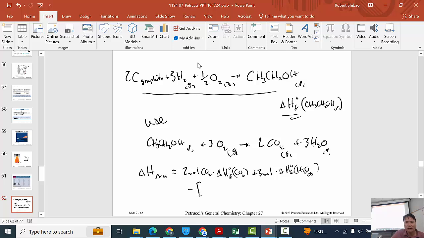And so the reactants here are going to be 1 mole of ethanol times delta H formation of ethanol. And then I have 3 moles of O2. So this is plus 3 moles of O2 times delta H formation of O2. Delta H of formation of O2 is 0.